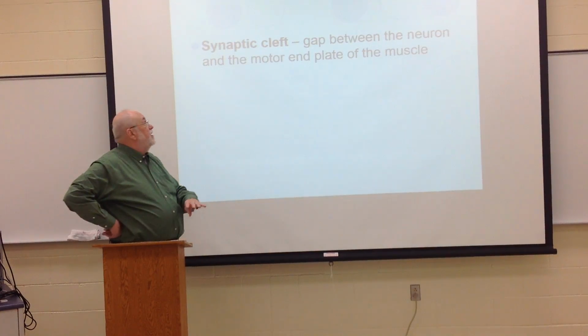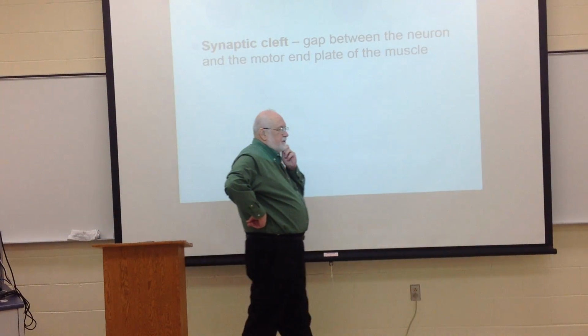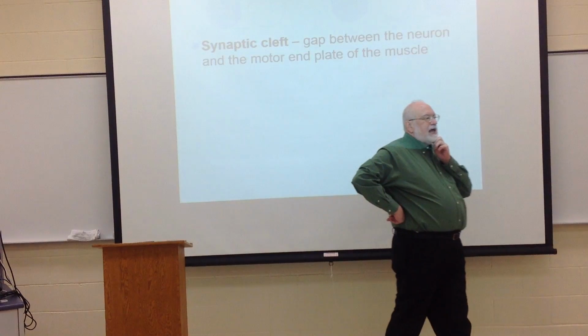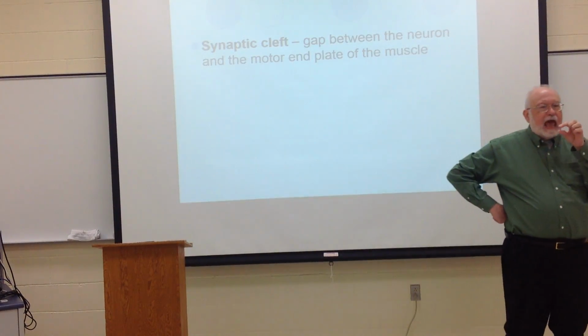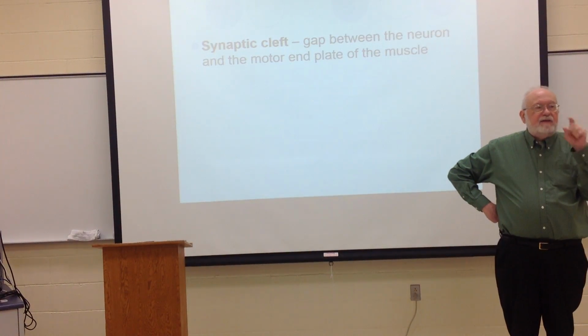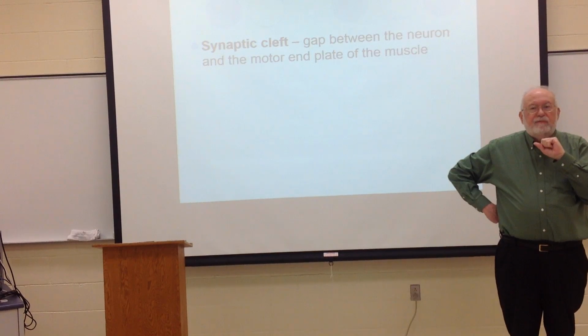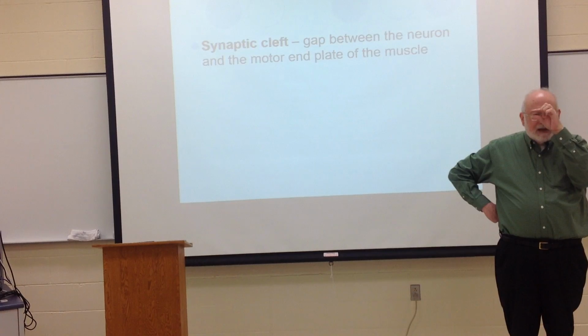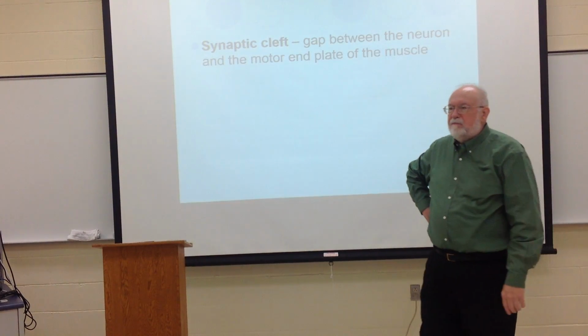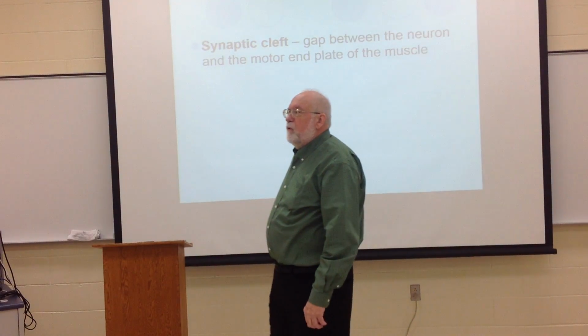And then we have another thing, a synaptic cleft. Well, it's a gap, if you will, a gap between the end of the nerve and the motor end plate of the muscle. There's a space between the two. Nothing in that space normally. All right? What is it for?